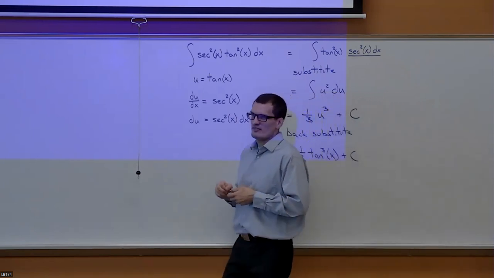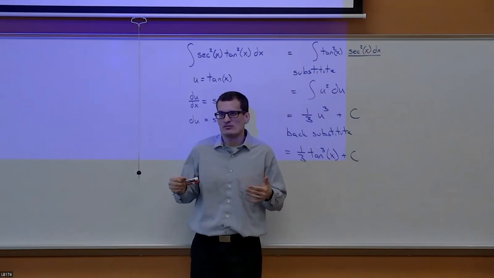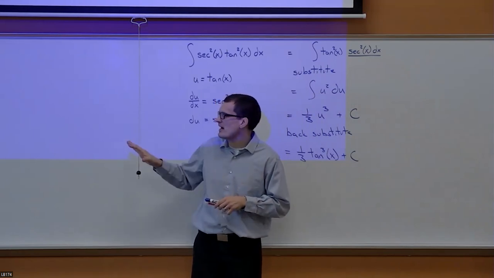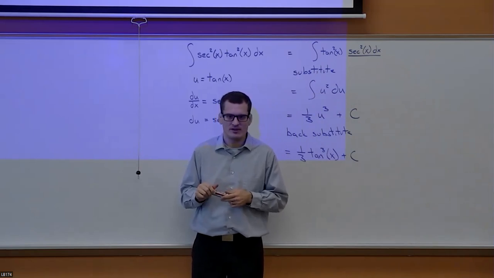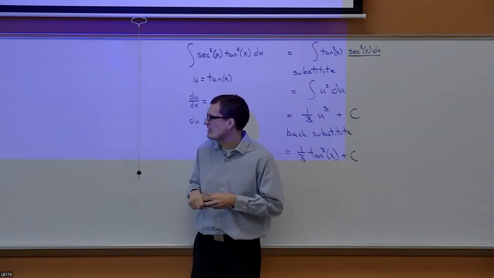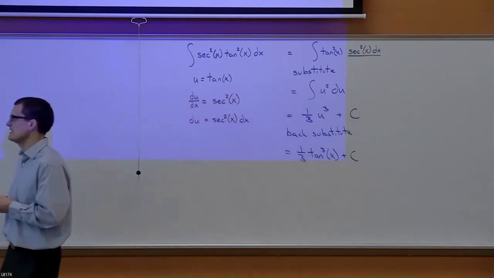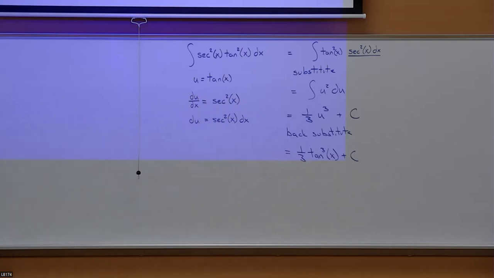Just like if you had sine to an even power and cosine to an even power, there is a combination of even and odd secants and tangents that doesn't really work well, where neither pulling out a secant tangent will help, nor pulling out a secant squared and attaching it to the dx. And if you think through it, it's obviously not when both are even, because we just did that one.